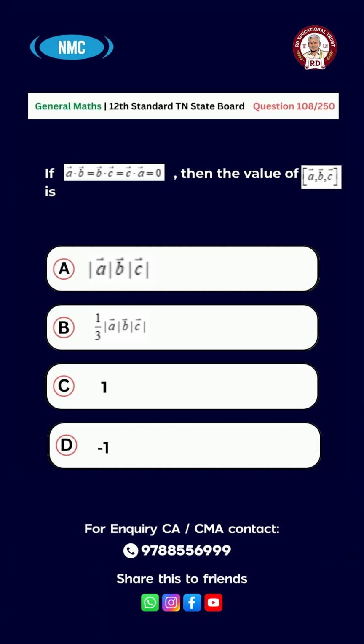The correct option is option A, determinant A, determinant B, determinant C.